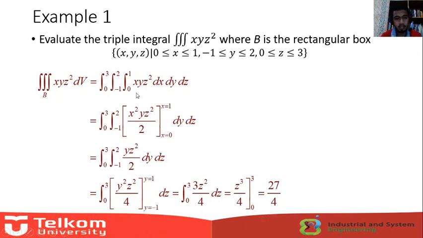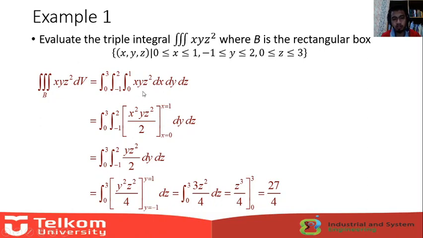So we will solve the problem one by one. First, the integral of x y z square with respect to dx. The integral of x for this equation should be a half x square times y times z square. Why this one?